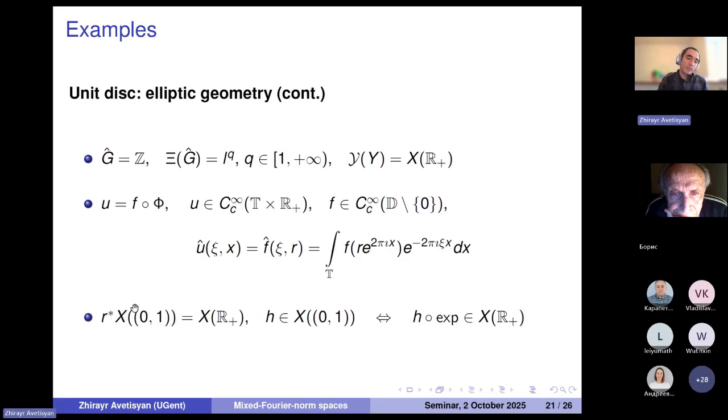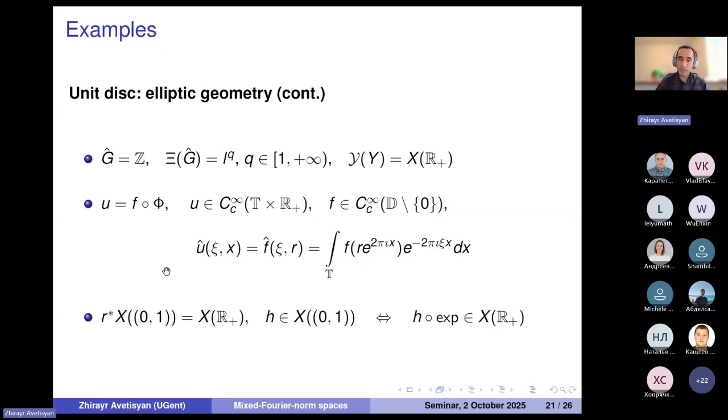Then we introduce this X Banach space on the last line as the pullback of this chosen space on Y. So we translate this 0, 1 interval into the R plus with the exponential mapping and so on.